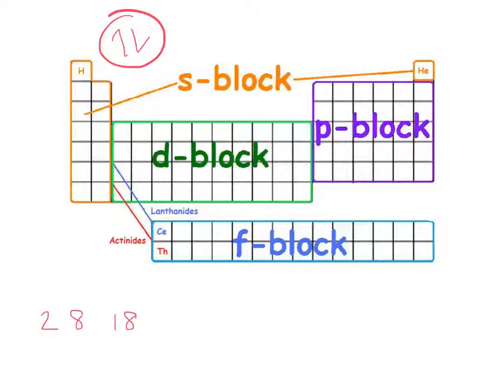P block, there's a rule that says one orbital can hold 2 electrons. So there's my px orbital, which means 1 electron will be here, 1 electron will be here. They run away from each other because they're negative. Same thing in my py, 1 will go there, 1 will go there. And then my pz is diagonal, 1 there, 1 there.